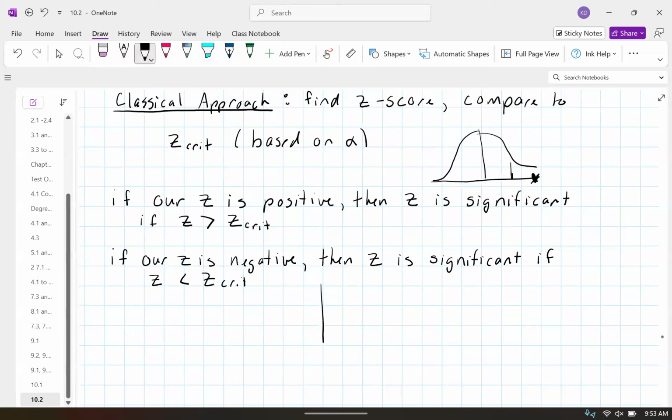In this case, we would make our Z crit negative. So it's a plus or minus sort of thing. So we want to be farther away. So again, farther from the mean is what we want to be significant.